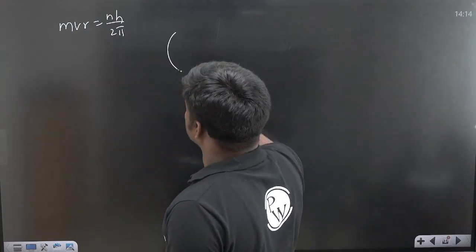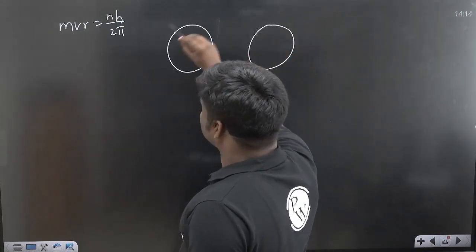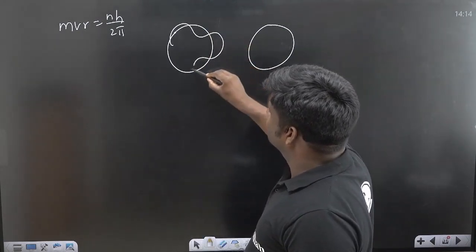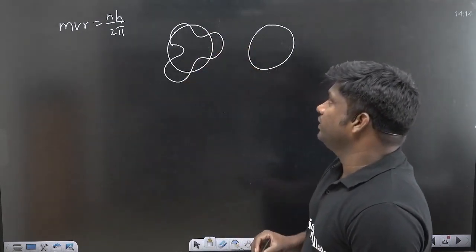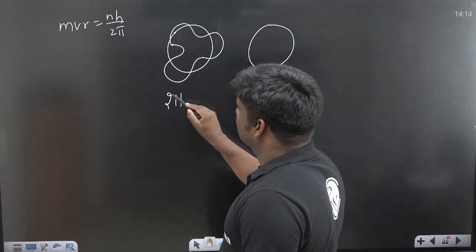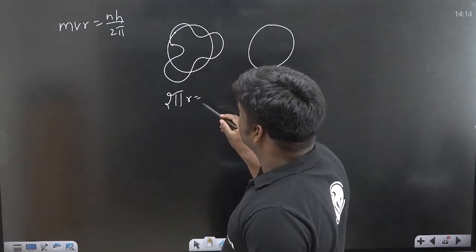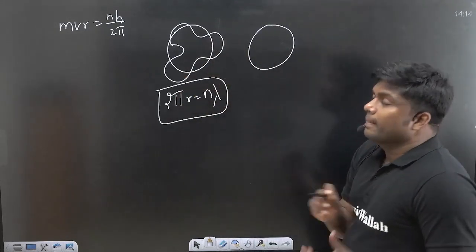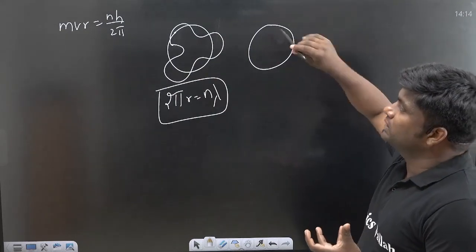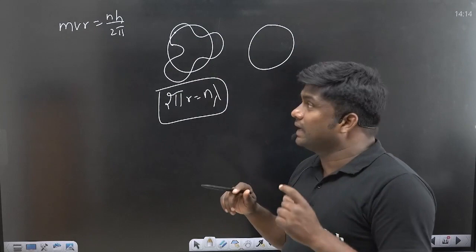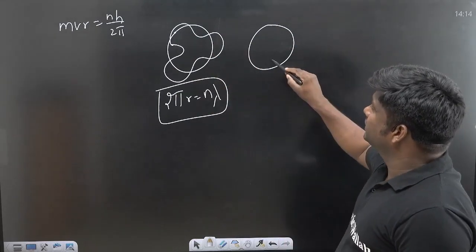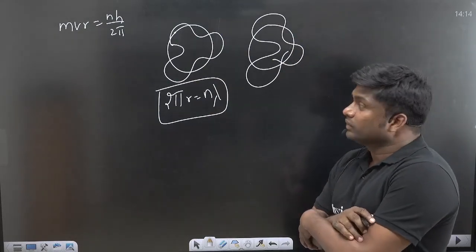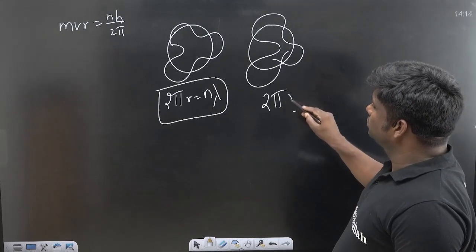What de Broglie said is that the electron present in the orbit undergoes constructive interference. Constructive interference means the circumference of the wave, 2 pi r, equals n lambda. The electron rotates around the nucleus in a circular path as a constructive wave; otherwise it is a destructive wave, where the two ends of the wave will not join, so 2 pi r is not equal to n lambda.